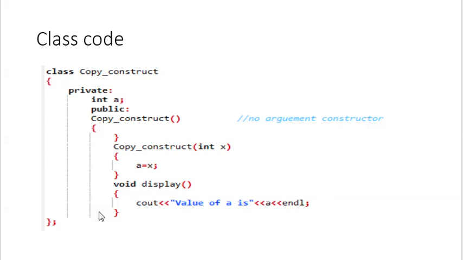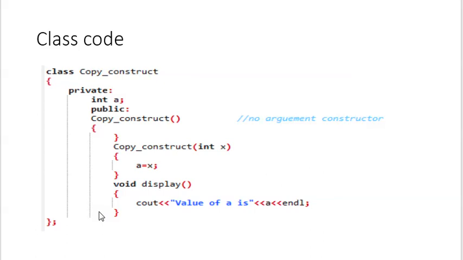From this you can know that it is a constructor and there is no return type with it. Then I write copy_construct(int x). I pass a variable through a constructor, so it is a parameterized constructor, and I simply assign a equal to x.